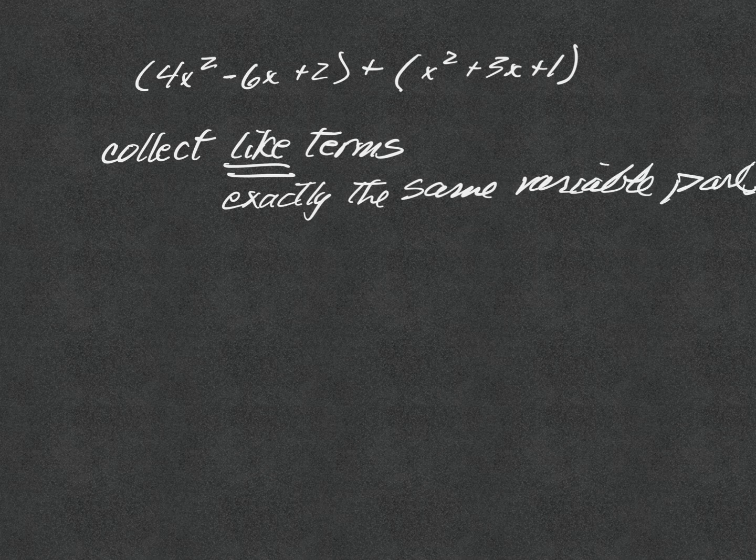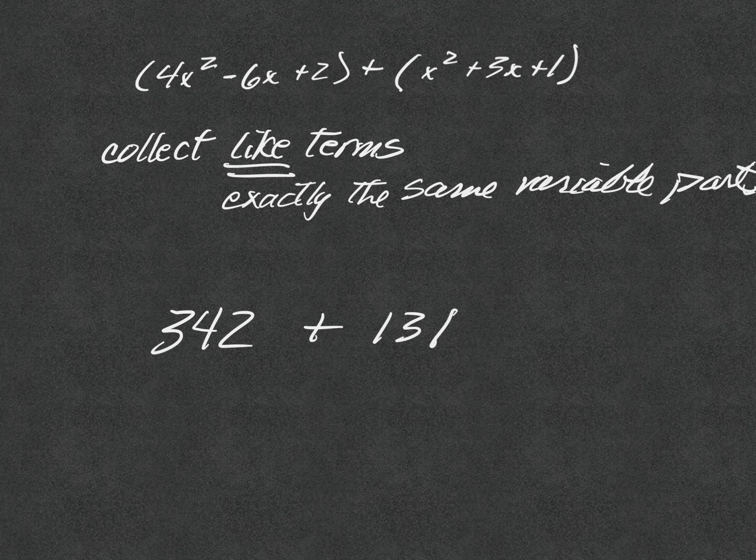Now, let me show you where this comes from. Let's go back to regular arithmetic. Suppose we have 342 plus 131. Now, how would we add these together?